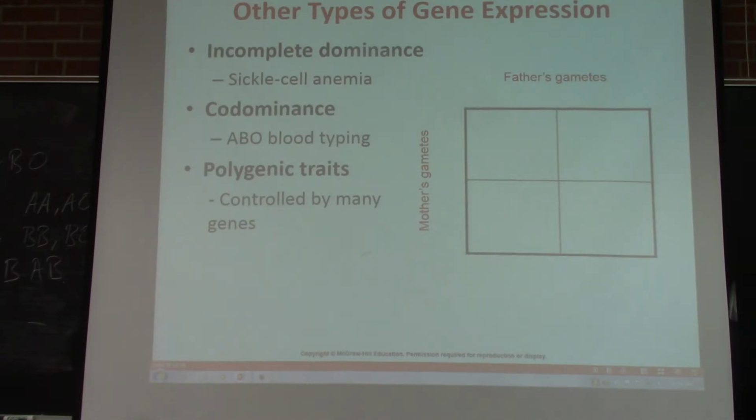Now O type is the most common in the world, not only here in the United States, but everywhere else too. These are universal donors, because they can donate blood to this group, and to this group.